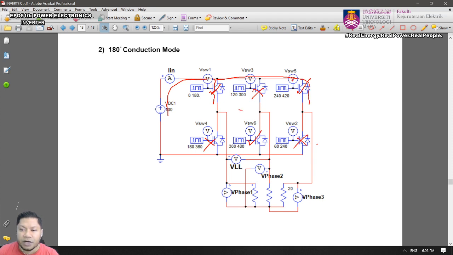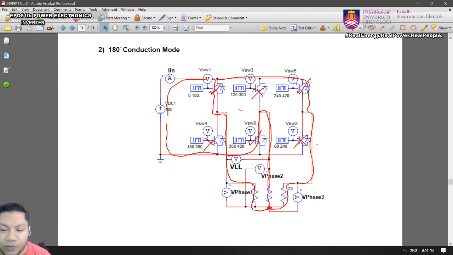So it goes to switch 1, divided into switch 1 and switch 5, and then it will flow to the output. It goes to phase 1 into that junction, and as for this side, it will go to phase 3, and then go into that junction and combine together, and then it will pass through the phase 2 resistor, then come back to switch 6, and then go back to the negative terminal. So that is when we have switch 1, switch 5, and switch 6 on during that region.